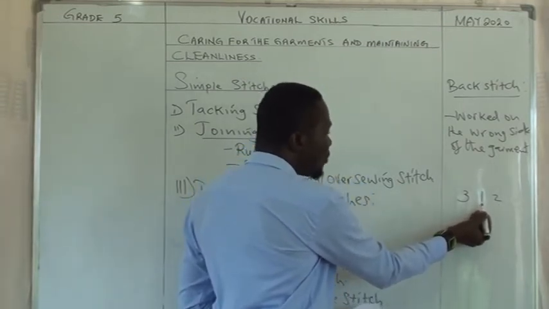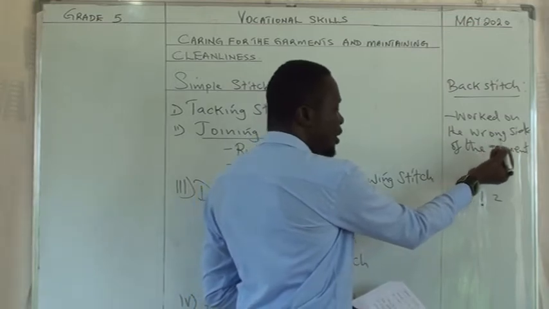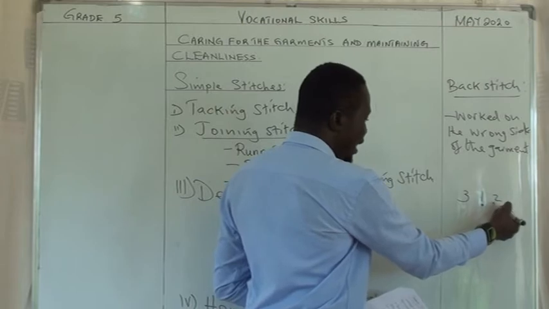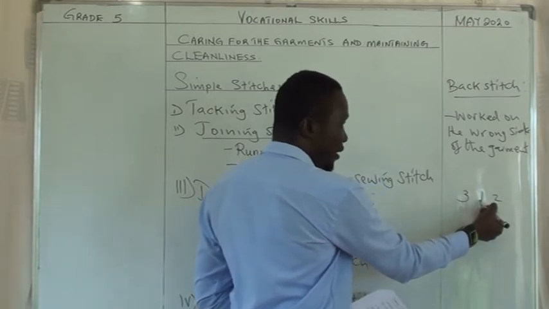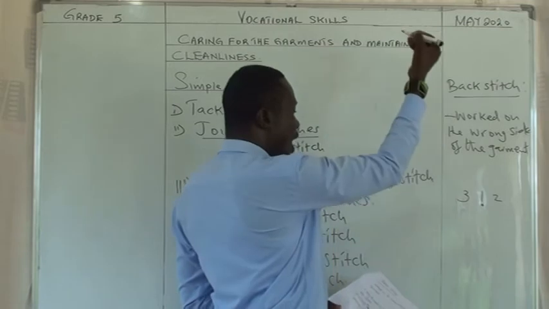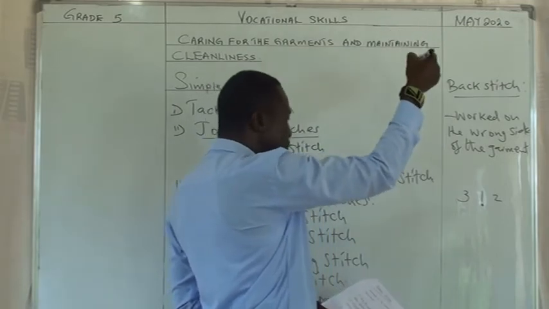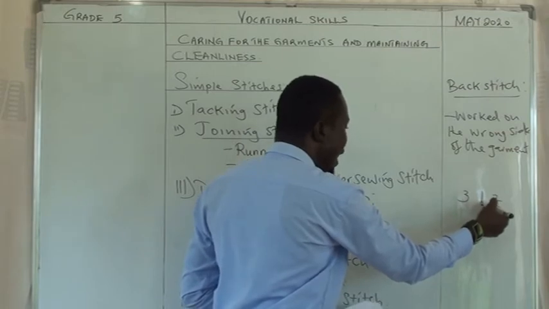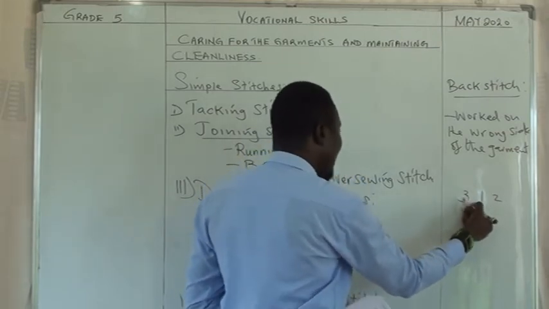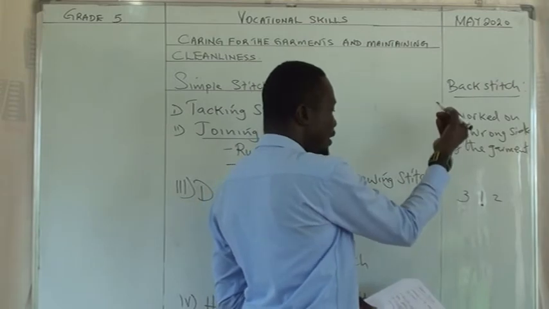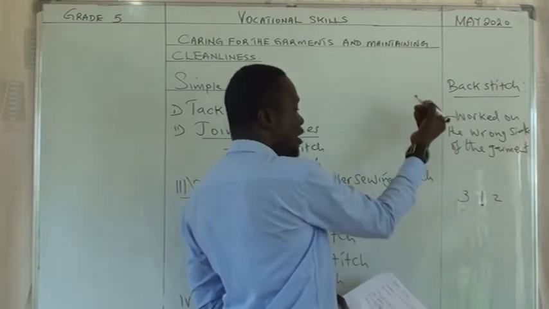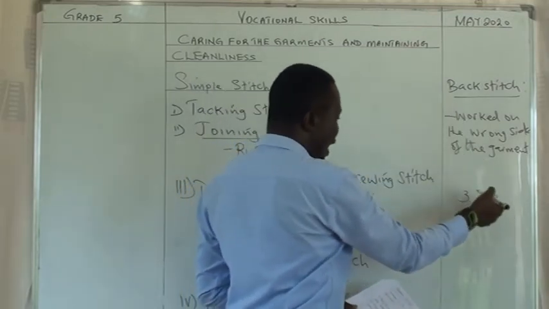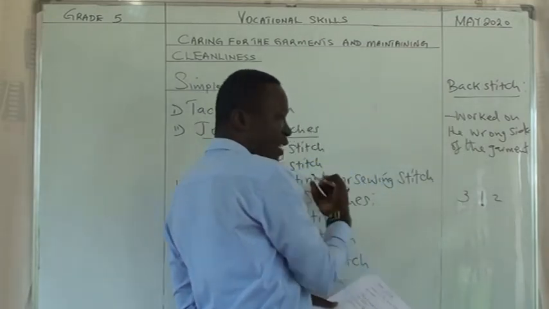The needle goes back at point 2, then it comes out at point 3. And when it comes out at point 3, for you to make another step, you bring it back at point 1 and you continue like that.